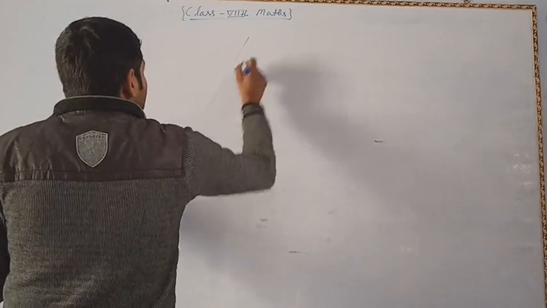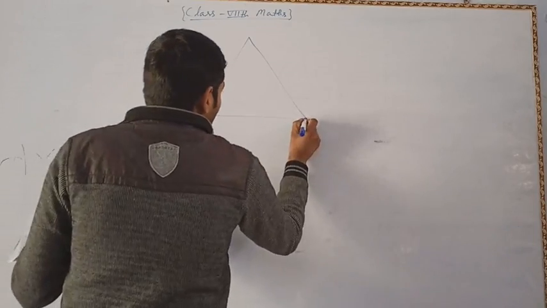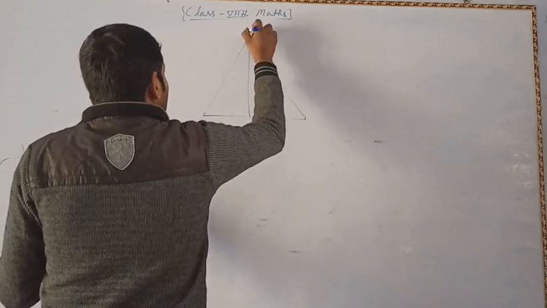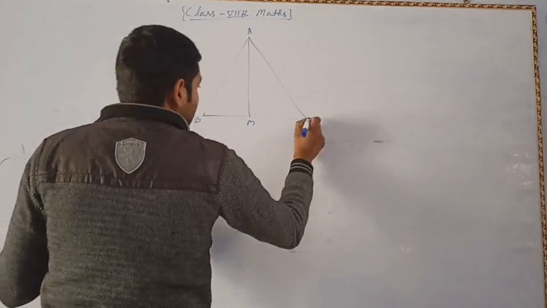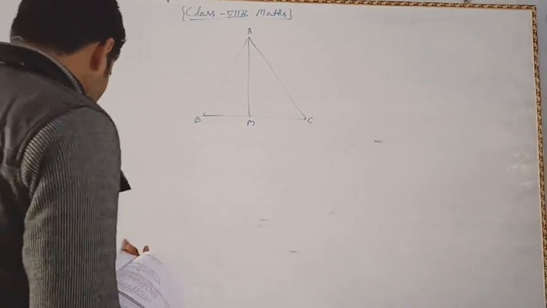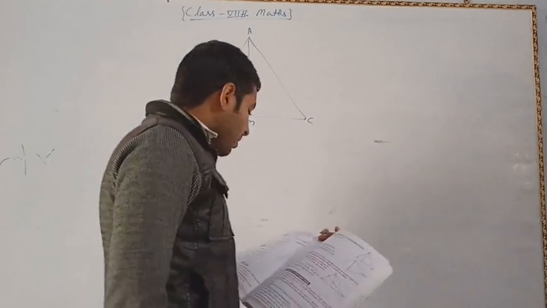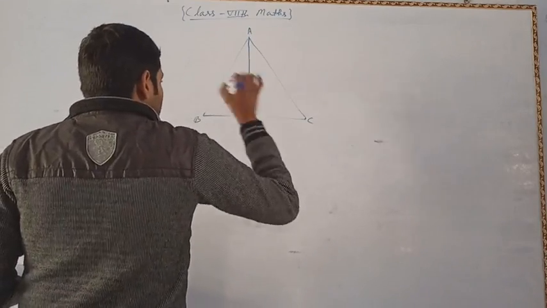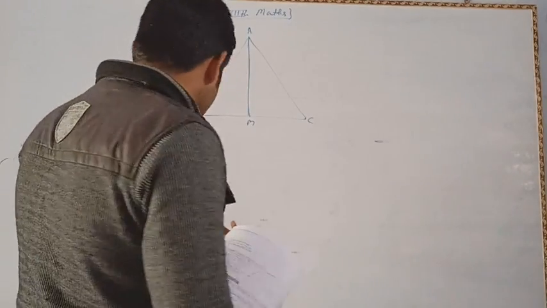Here is given this type of figure, in which point A, point M, and this is B, and this point C. AM is the median of triangle ABC.